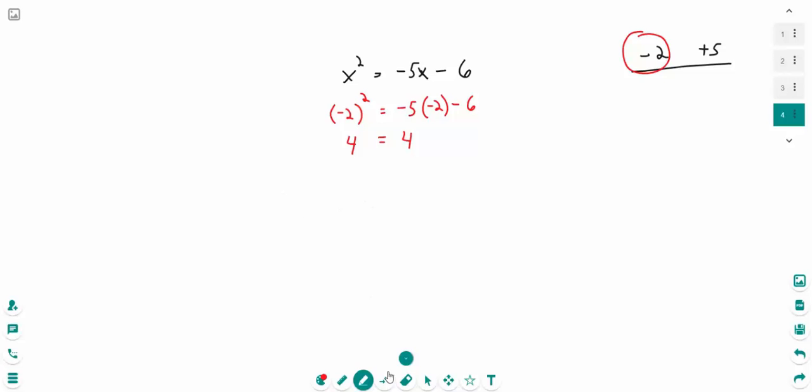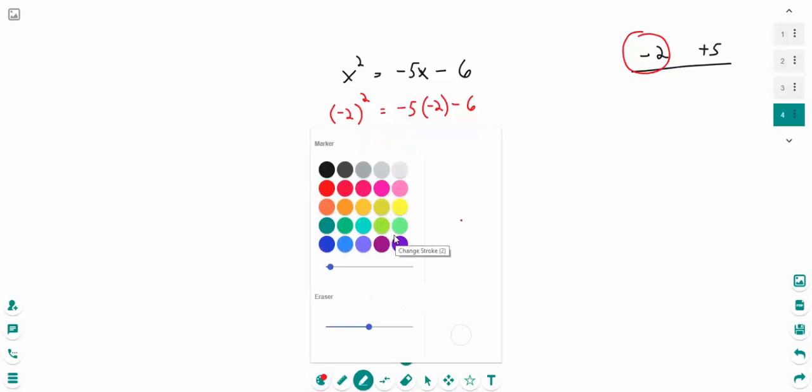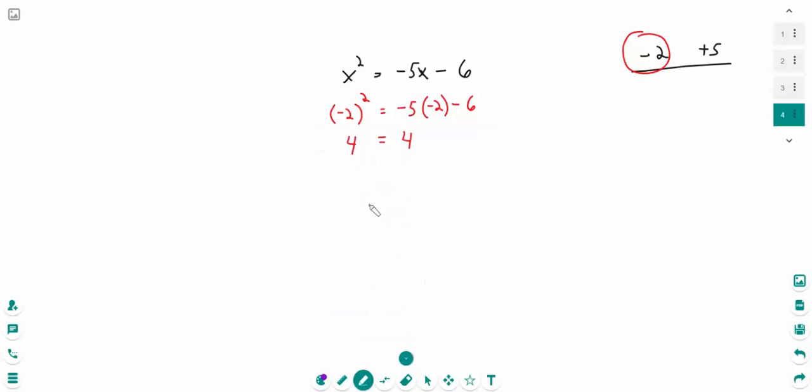All right. Next, let's try the positive 5, because that very well also could be a root. So if we have 5, we'd plug that in and have 5 squared equals negative 5 times a 5 minus a 6. So 5 squared, well, that's going to give us a 25. We'll keep our equal signs on top of each other here. Negative 5 times a positive 5 is a negative 25.